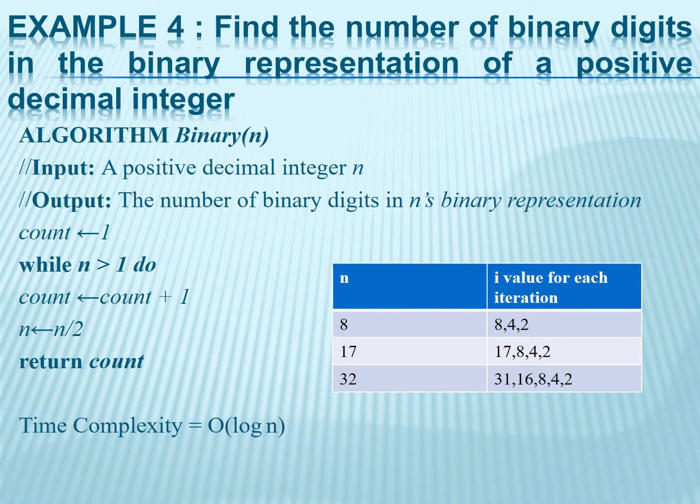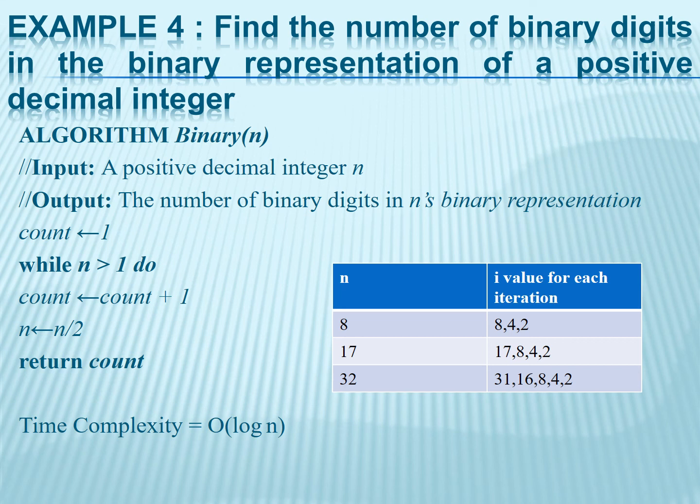Example 4 finds the number of binary digits in the binary representation of a positive decimal integer. The algorithm binary receives a positive decimal integer n as input. The while loop in the algorithm counts the number of binary digits. Each iteration of the algorithm reduces the input n to half.